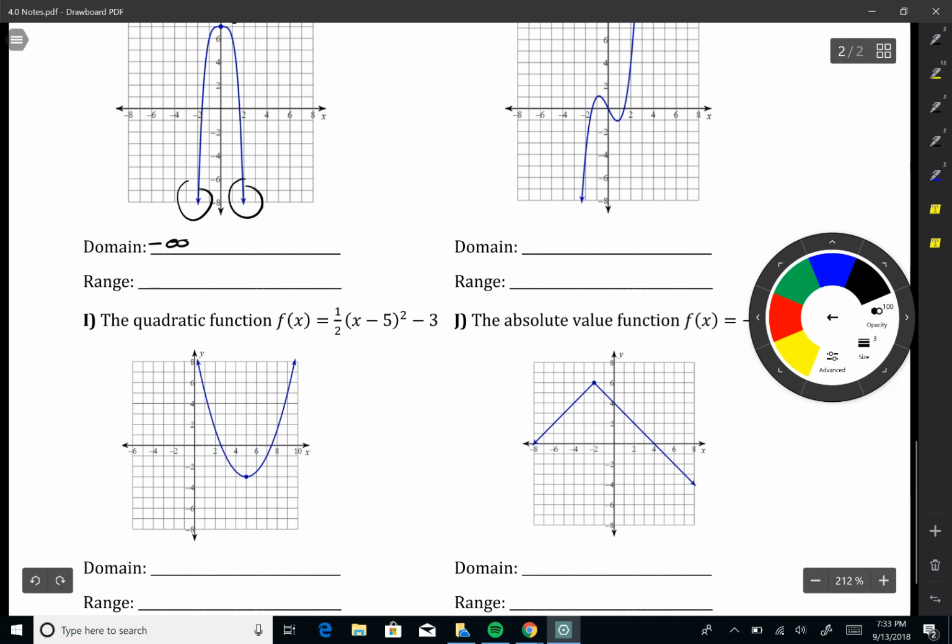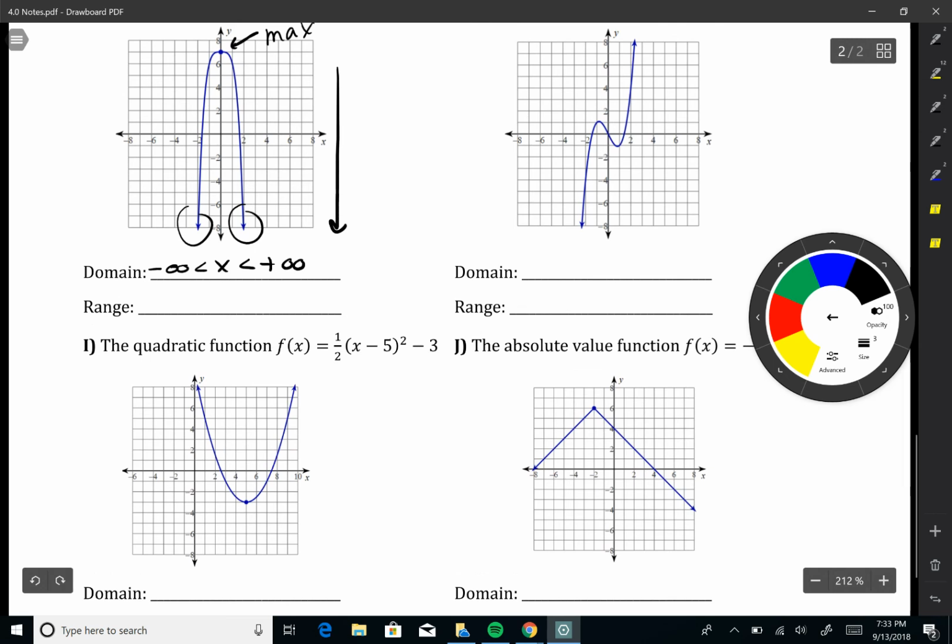So my domain, negative infinity, is less than x, which is less than positive infinity. My range is going down forever, right? But it's stopping at this maximum value of 7. So my range is going from negative infinity is less than y, which is less than or equal to 7.